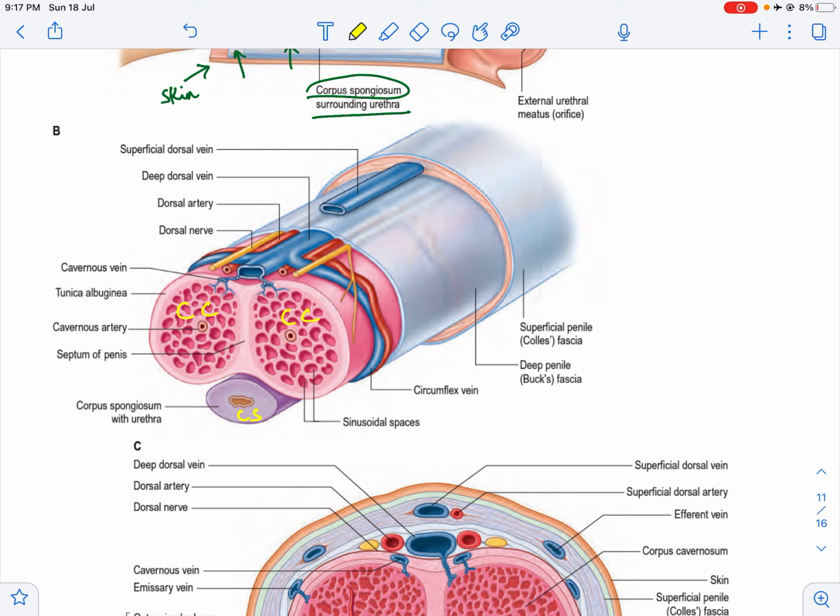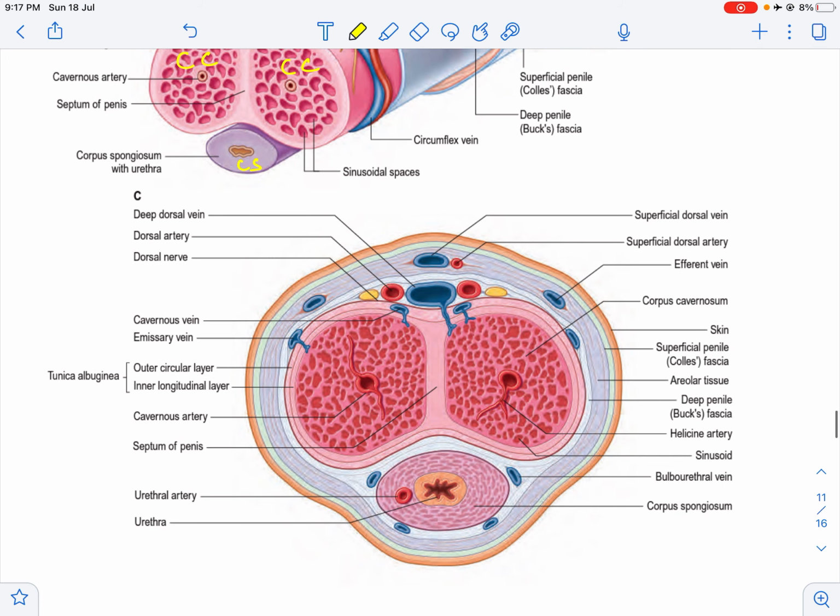The urethra is present in that structure, it is single. So S for single urethra, S for spongiosum. And the cavernosa are the structures which help in the erection of the penis. This is the same thing. So you have the corpora cavernosa, you have the corpus spongiosum, and you have the skin and the fascial layers, superficial Colles fascia and the deep Buck's fascia.